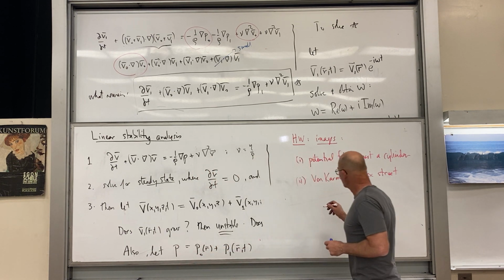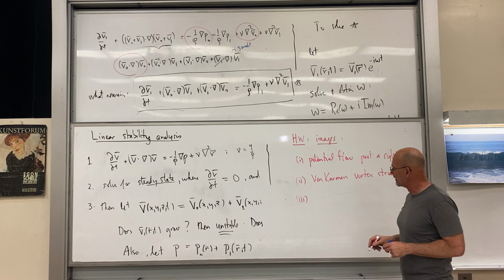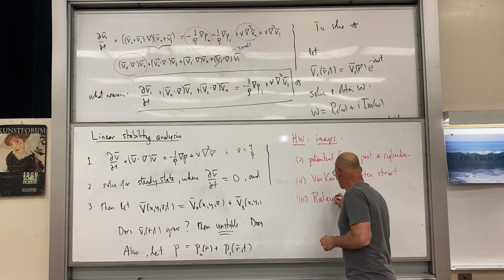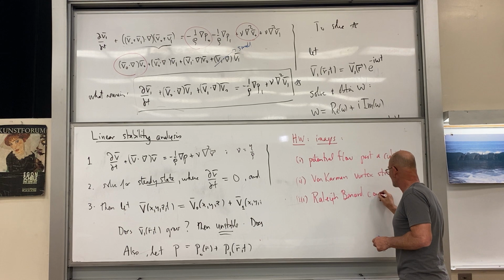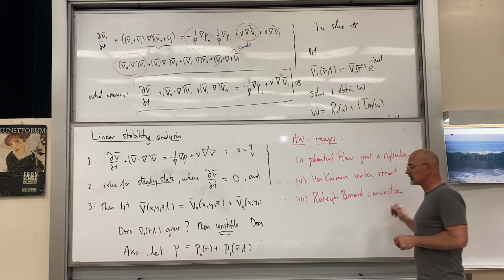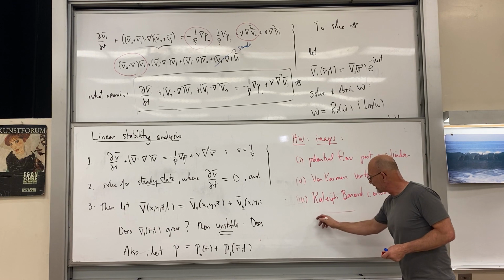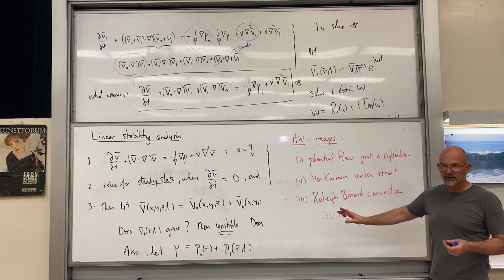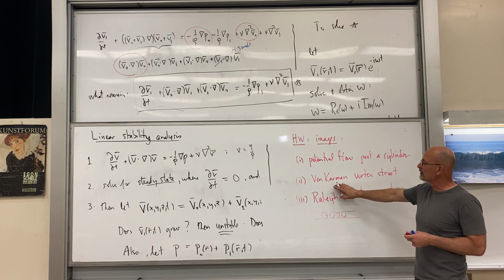The Rayleigh-Benard convection. There's a whole industry around that. That's basically heating a layer of fluid and then convection currents arise, okay, in the fluid. Maybe you find a good image of that. That's a classic problem as well.